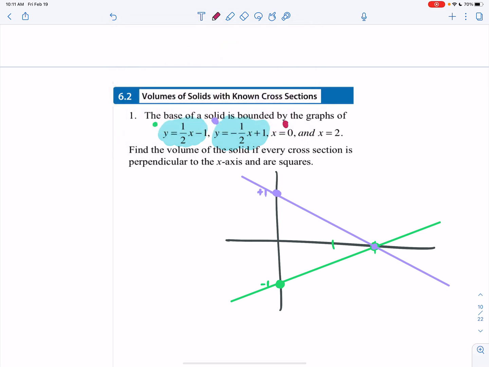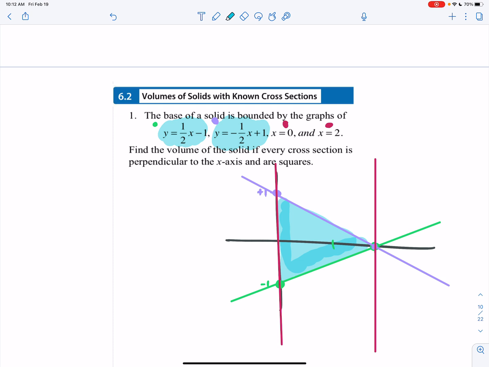X equals 0 and x equals 2 are two vertical lines. X equals 0 is really just the y-axis, and x equals 2 is really just that vertical line right there. So notice how there's a region, okay? This is the flat bottom. This is where you're going to lay all of your cross sections, okay?